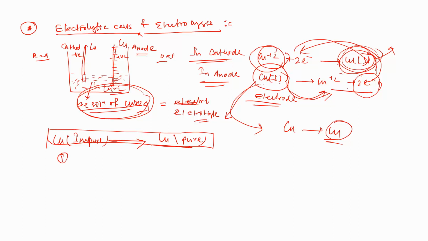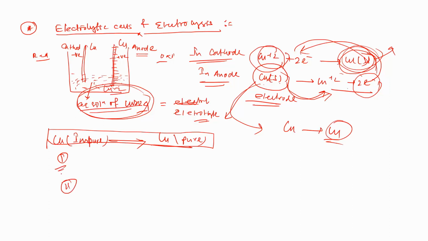So the first law: the amount of the chemical reaction which occurs at any electrode during electrolysis by a current is proportional to the quantity of electricity passed through the electrolyte. Okay, here it is saying the quantity of electricity. How much electricity you put in from the outside, according to that, that amount of chemical reaction will happen. Okay, so that is the first law.